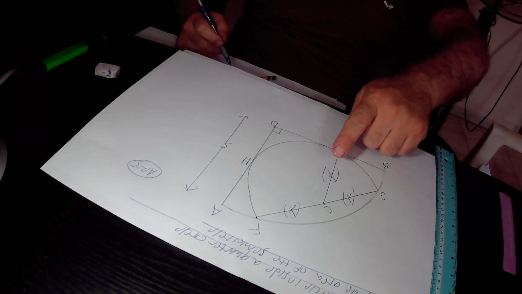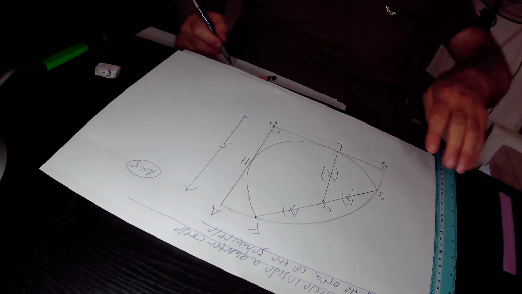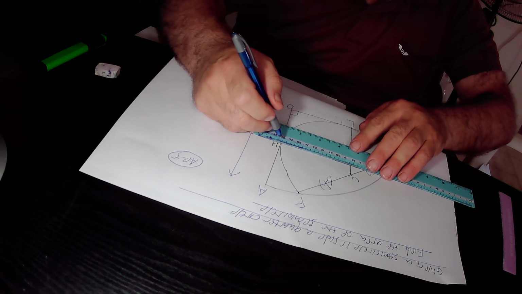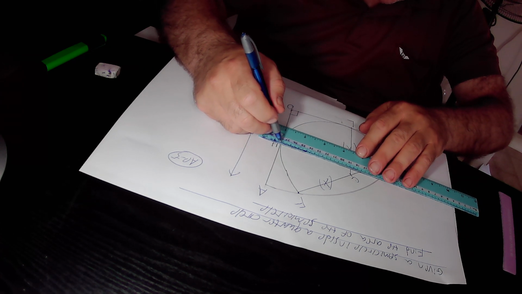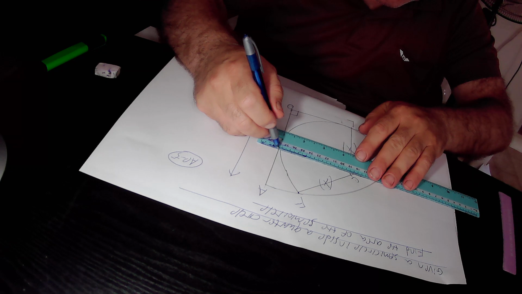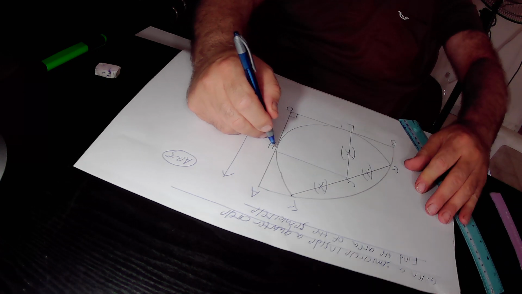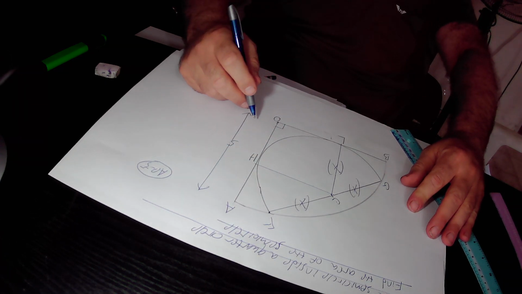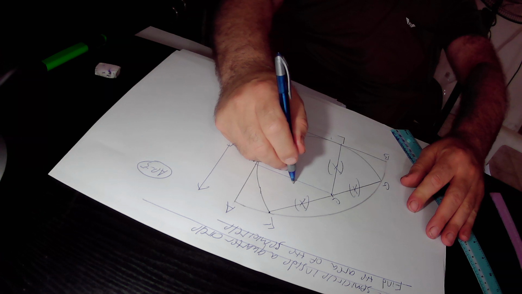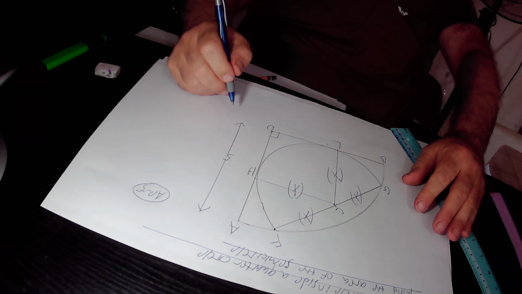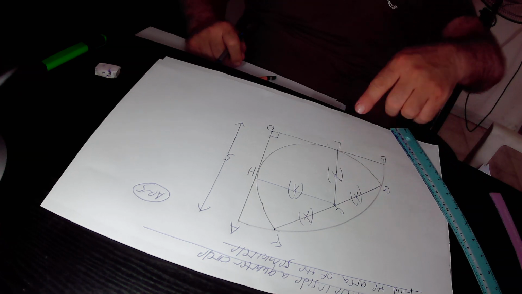We will join point C and H together by a straight line. CH is also the radius of this semicircle, equal to x. So here we have the radius CL.